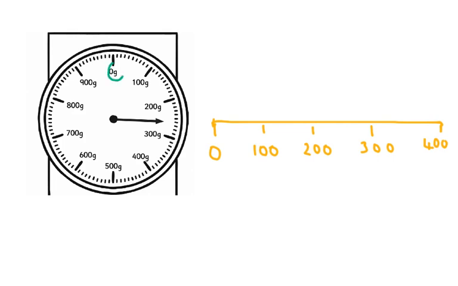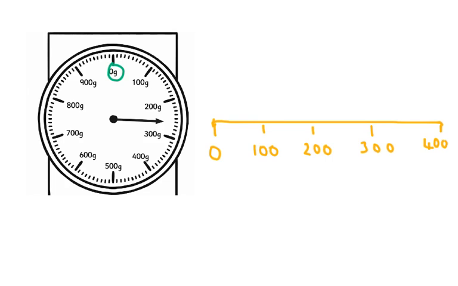Start from 0 grams. 1, 2, 3, 4, 5, 6, 7, 8, 9, 10. Now, I know that that's not 10, it's 100. So I'm going to count again. What must it be going up in? If it starts at 0 and it gets to 100, what must those little dots represent?